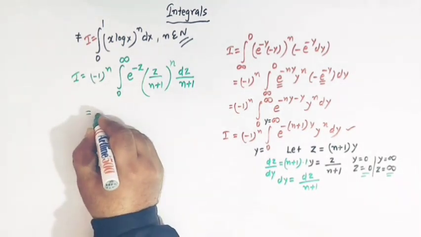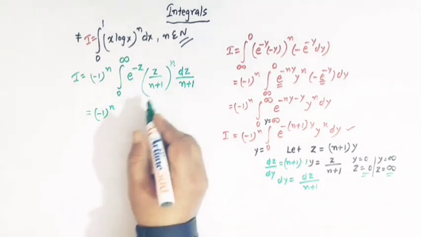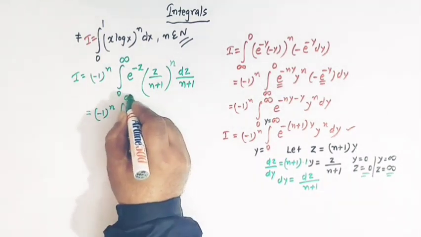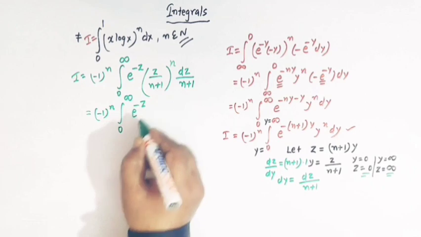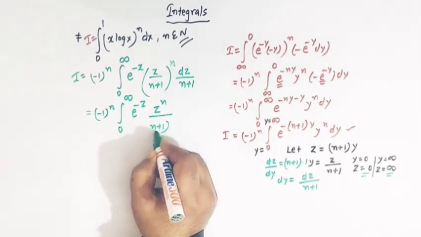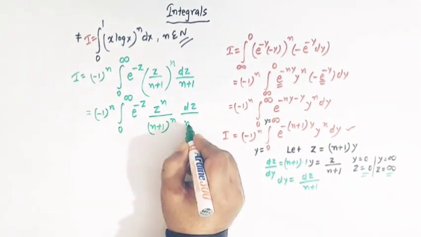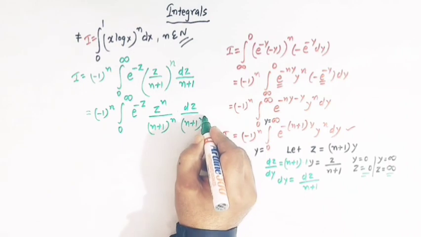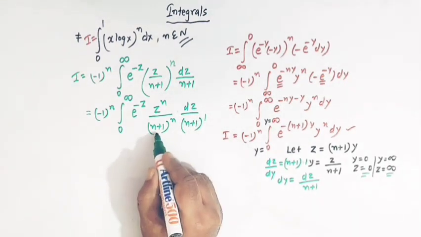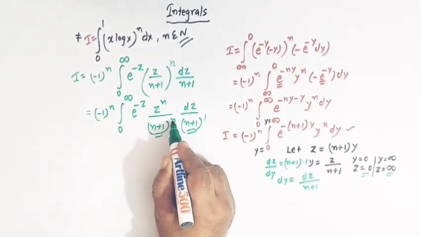So let us simplify it. We have minus 1 raised to n, and here we have 0 to infinity, e raised to minus z, we have z raised to n, n plus 1 raised to n, here we have dz, and here we have n plus 1 raised to 1, right? So now see, here the bases are same, so we can add the exponents.